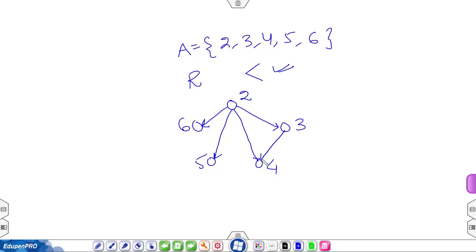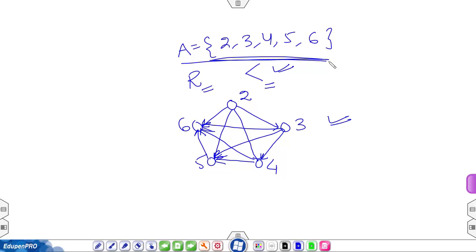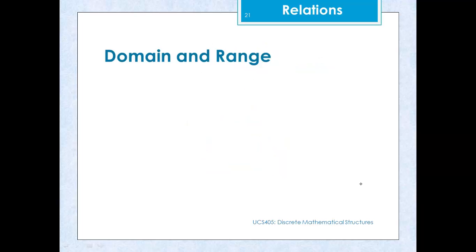Then the next, 3 comma 4, 3 comma 5, 3 comma 6. Again we have 4 comma 5 and 4 comma 6. Then we have 5 comma 6. So this is the graph of this relation, that is the less than relation, on this particular set A. So now let us see the domain and range of the relation.